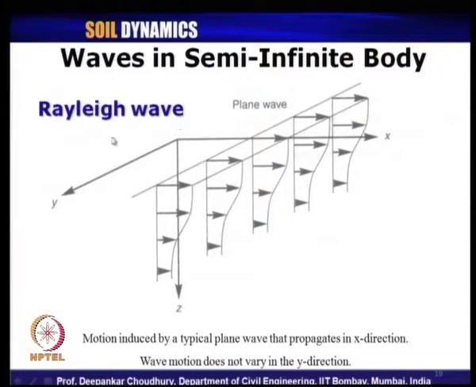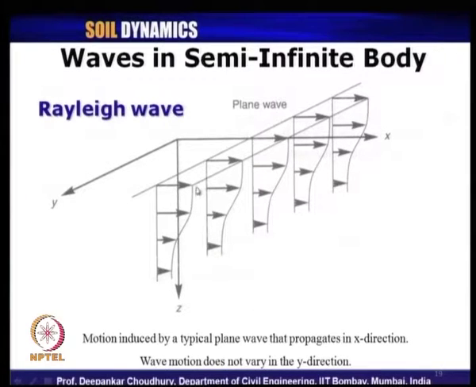So, the Rayleigh wave is a kind of wave which travels in the semi-infinite body, and its travel direction is shown here in x direction. Also, its variation with respect to depth is shown, you can see here, whereas in this y direction there is no variation of the wave. That is the characteristic of this Rayleigh wave.